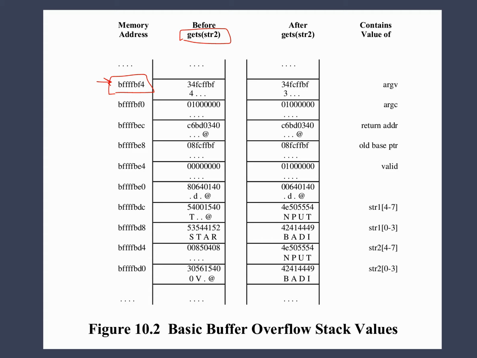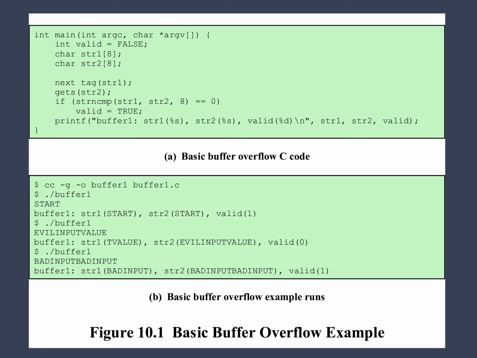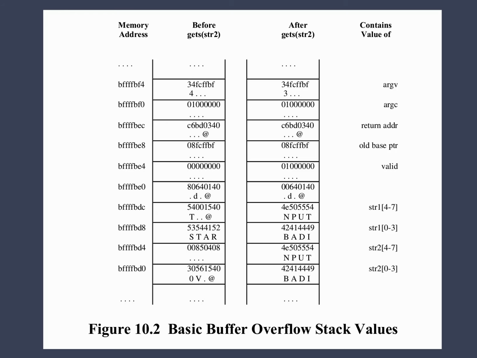What does it symbolize? This contains the value of argv, the contents of the arguments that this program has been invoked with. Like this one. So if you start this program as buffer1, you didn't give any arguments, so this argument value is null right now.